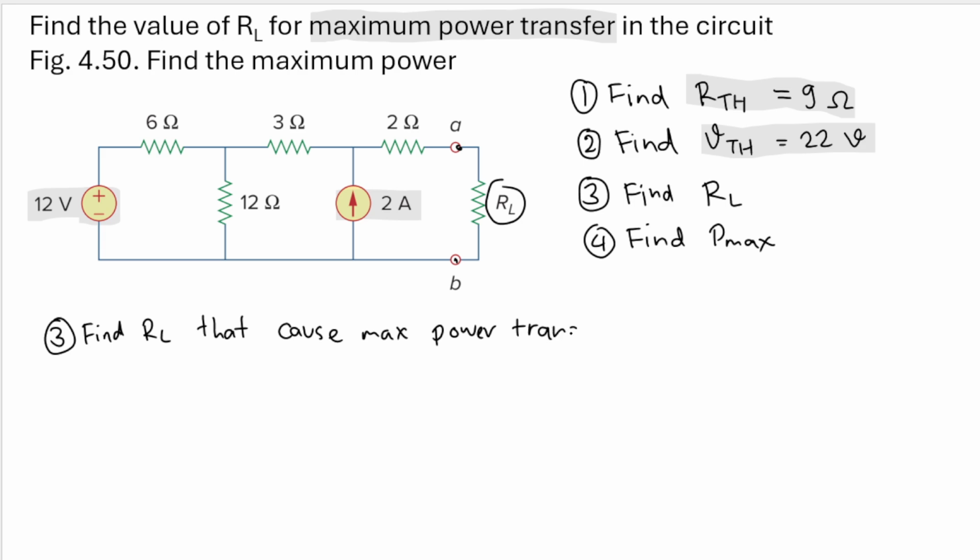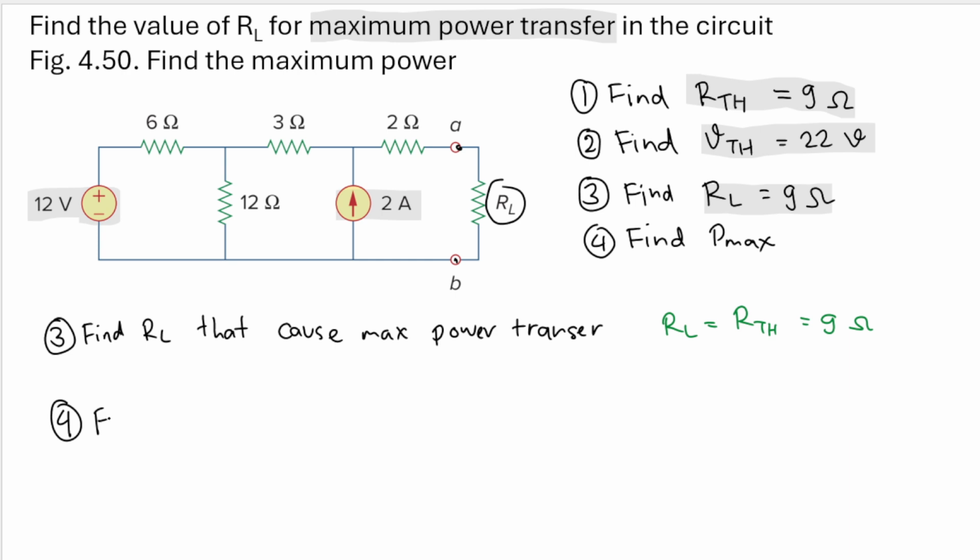And that should be easy enough, because the RL that causes maximum power transfer is just the RTH. So RL is equal to RTH, and we already have the RTH, so we will have 9 ohm. So here we will have 9 ohm also. Okay, and we have done the third step, and finally we need to find out the Pmax.